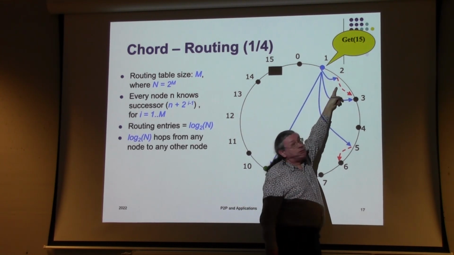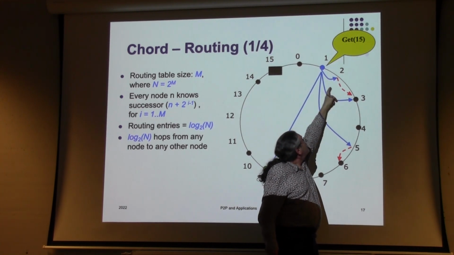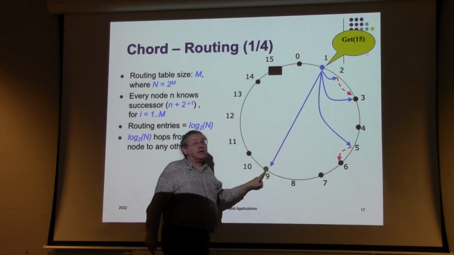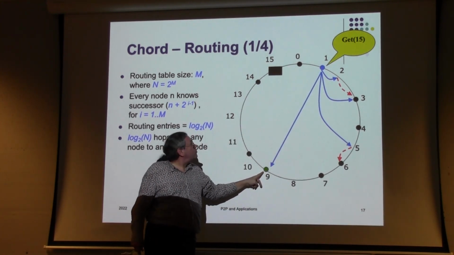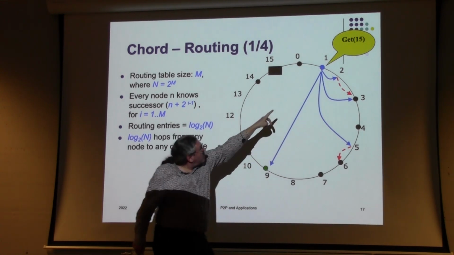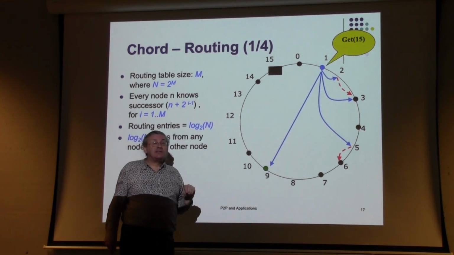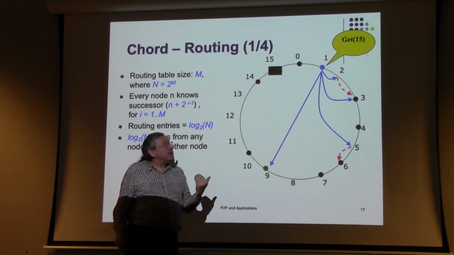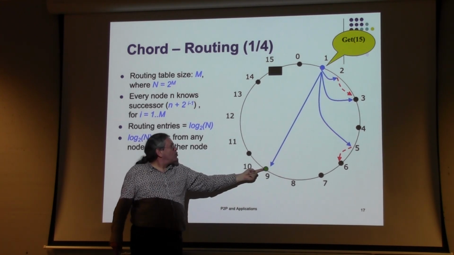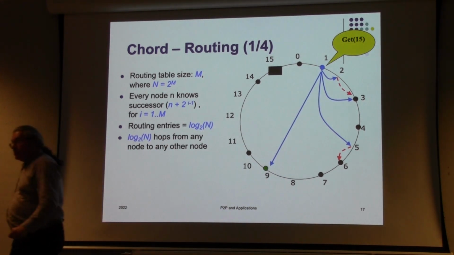The link to 2 doesn't exist because there's no node there. So you have 3, 3, 6, 9. Those are the routing table entries at node 1. And you pick the one that's the greatest that is less than 15. Well, that's 9. So I send a message to node 9.